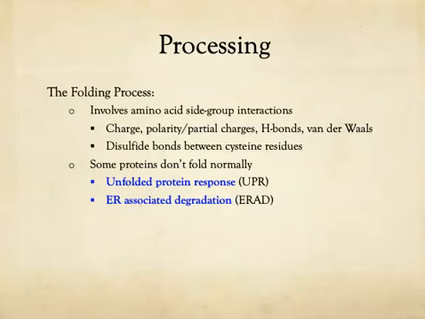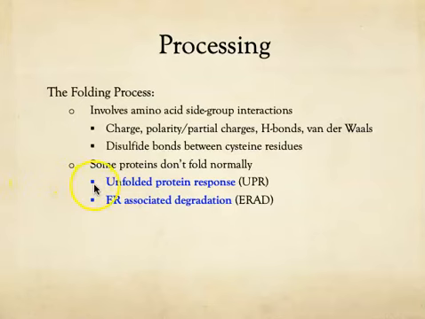Folding up of proteins is so important to a living cell that there are proofreading systems in place to deal with any protein that is misfolded. I have two of them listed here.